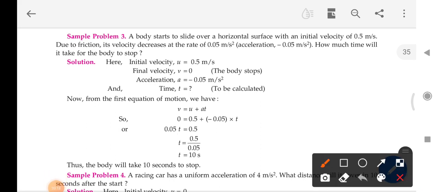So see the next numerical problem. A body starts to slide over a horizontal surface with an initial velocity 0.5 meter per second. Due to the friction, its velocity decreases at a rate 0.05 meter per second square. So 0.05 meter per second square means that is acceleration. How much time will it take for the body to stop?